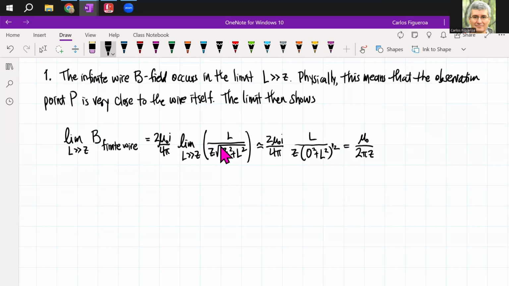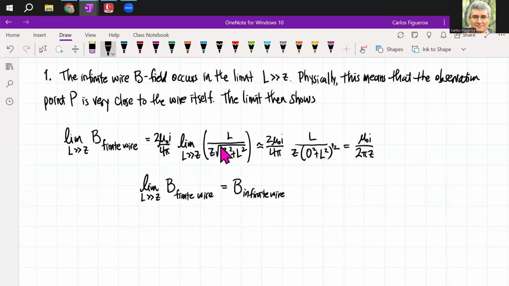In other words, in the limit of L much greater than Z, the finite wire now has a magnetic field that we can call the infinite wire.